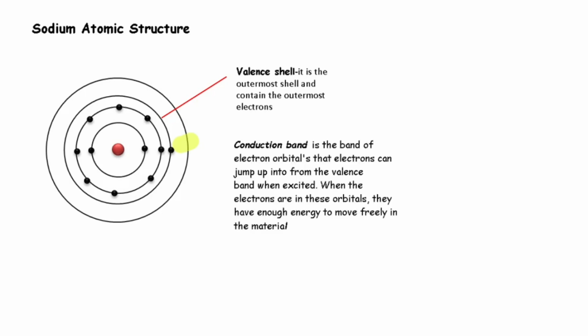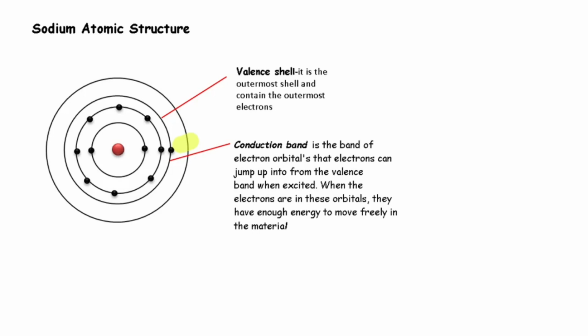Because it belongs to the conduction band. These valence electrons are in the conduction band. The conduction band is the band of electron orbitals that electrons can jump into from the valence band when excited. When the electrons are in this orbital, they have the energy to move freely in the material, as I have said earlier.